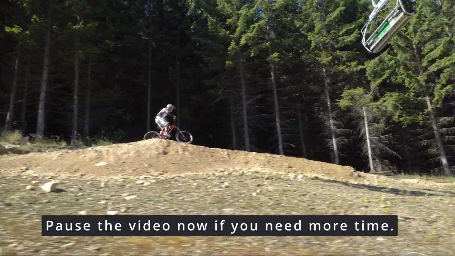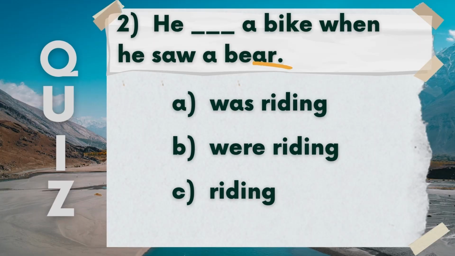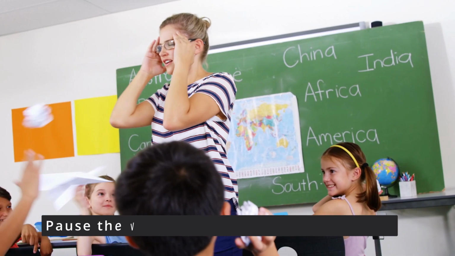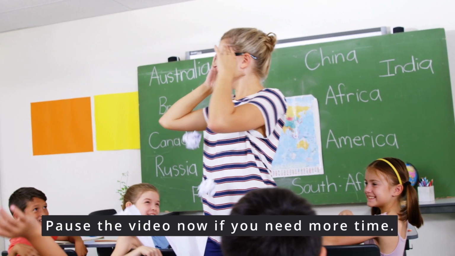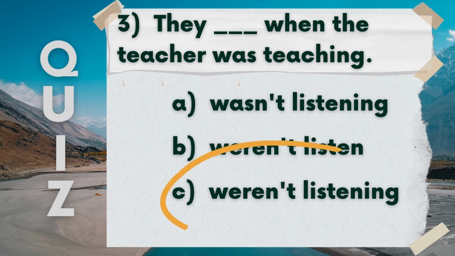C. Riding. If you said A, was riding, you are correct. Question 3. They, blank, when the teacher was teaching. A. Wasn't listening. B. Weren't listen. C. Weren't listening. If you said C, weren't listening, you are correct.